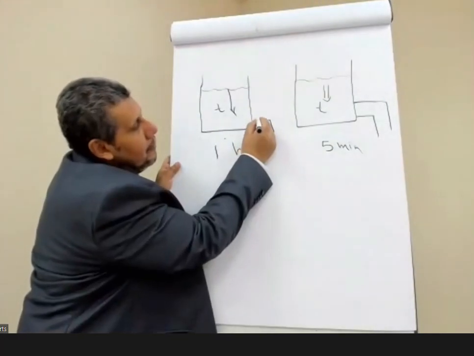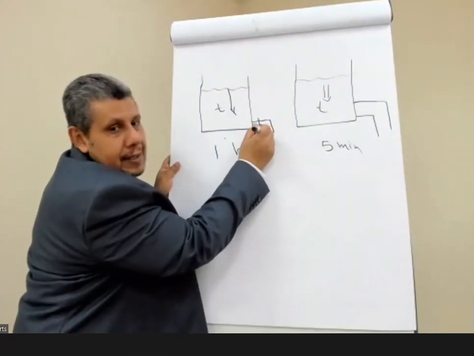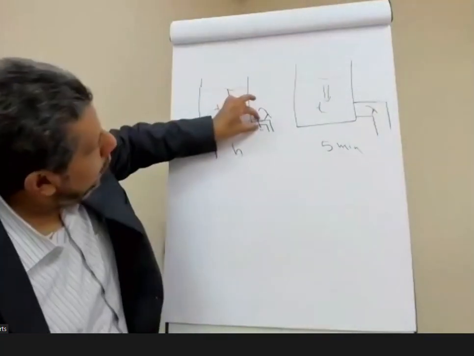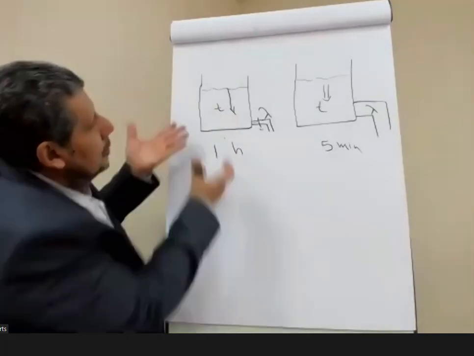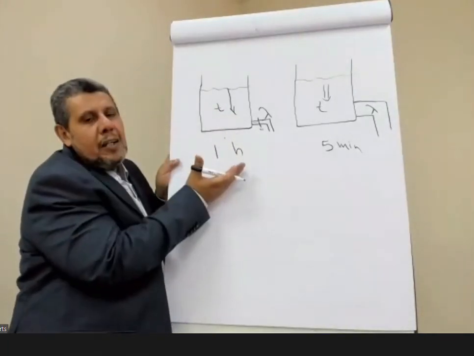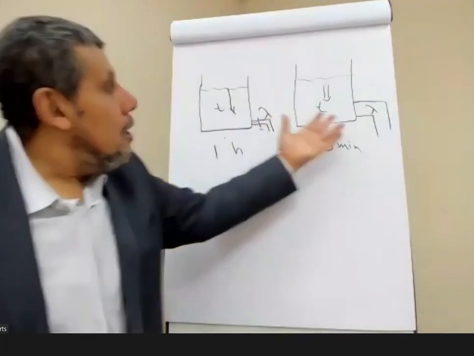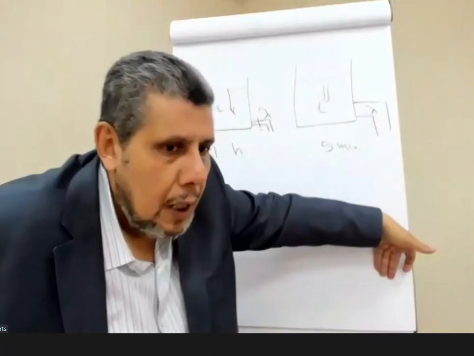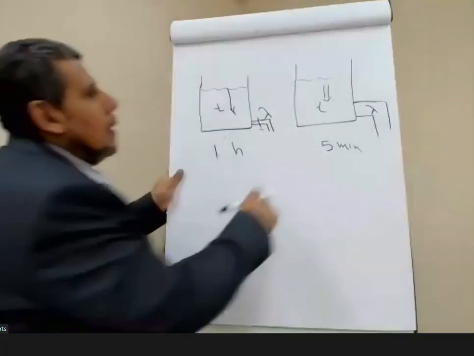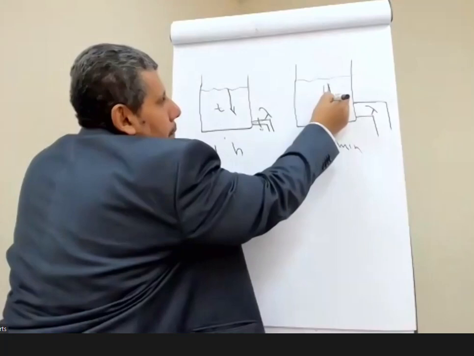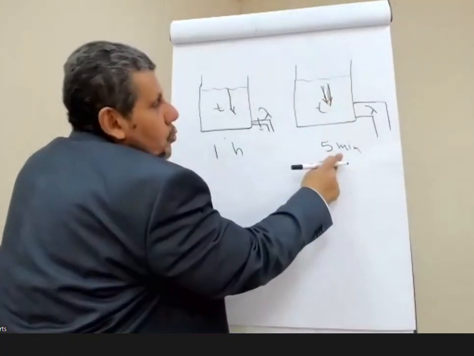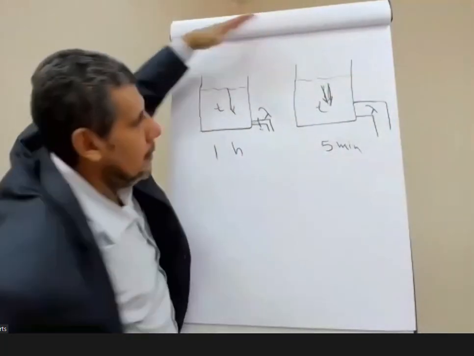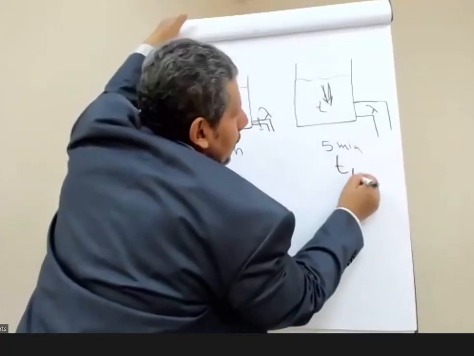Why? Did you see this valve? This is lambda. With a low valve opening, you need more time to discharge. With a greater lambda, it discharges faster, so you need less time to decay. This is a big lambda, and you will take less time, T half.